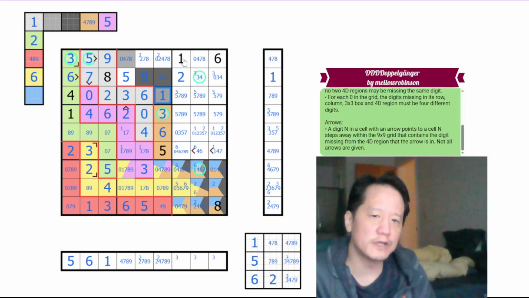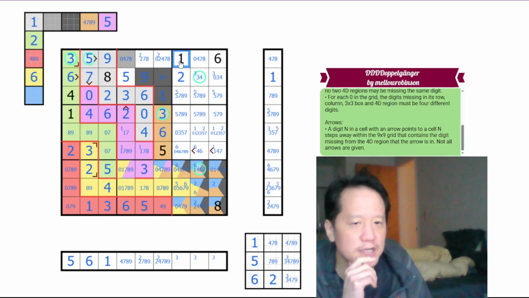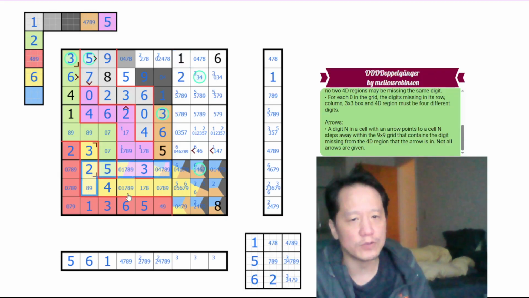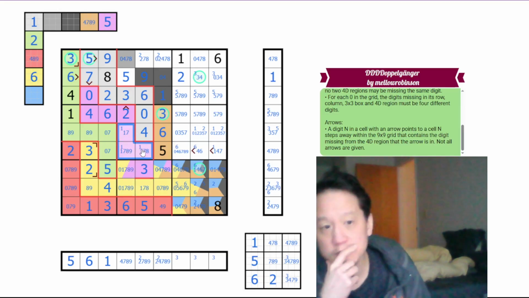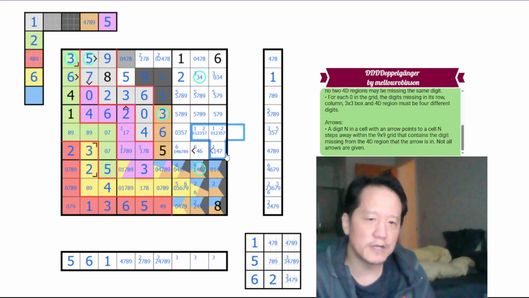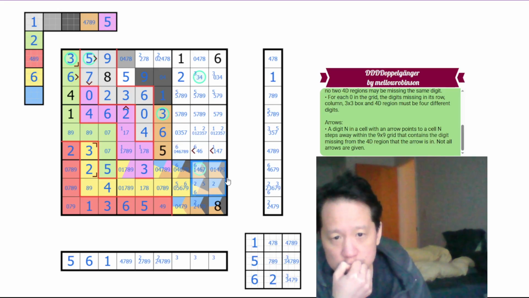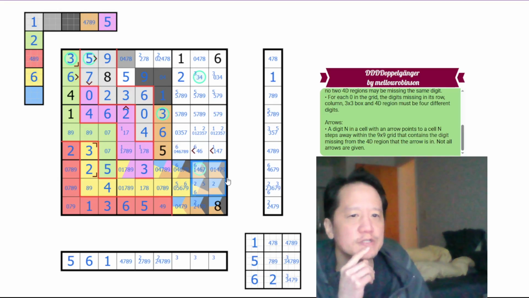Well, we have a 1 here and a 1 here. Every other region has to have a 1. So the 1 in the yellow region has to be here. And the 1 in the pink region is here. So 1 has to be 1 region here. It's not that restrictive necessarily.